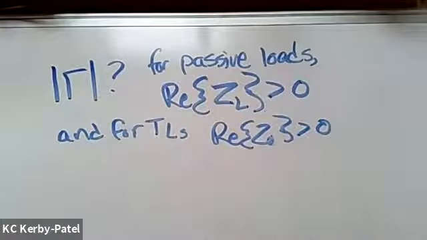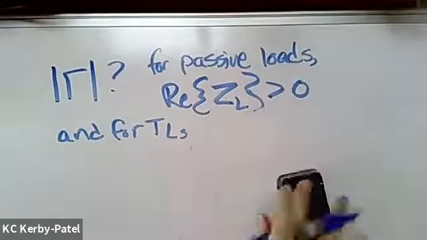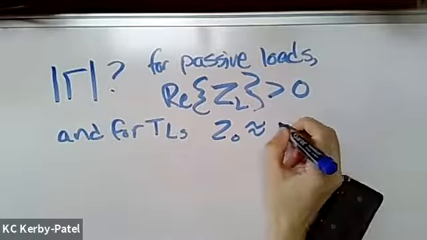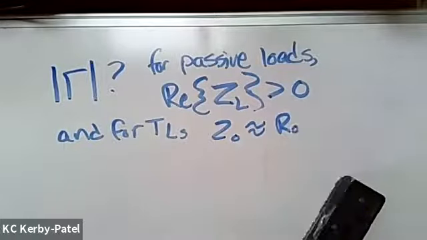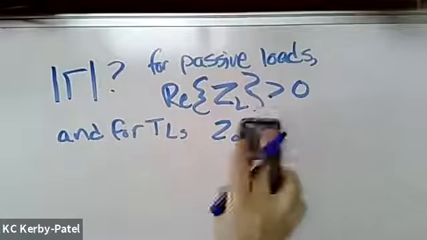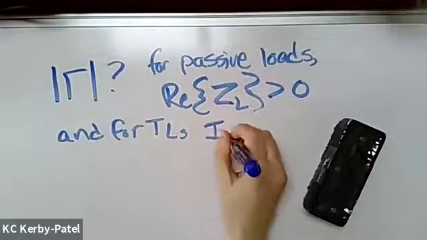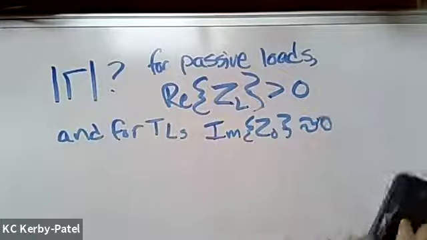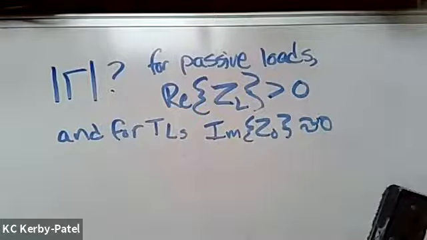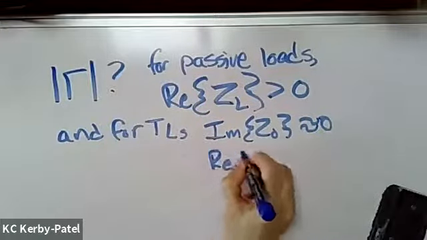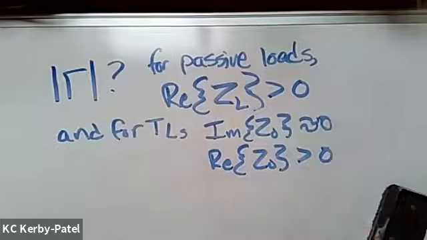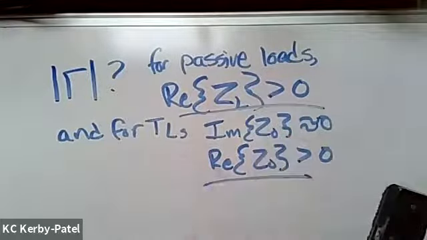It doesn't ruin anything if it's not, you still get the same result. So I'm going to say Z0 is approximately real. I'll set it equal to R0. A better way to write this would be the imaginary part of Z0 is approximately 0, and the real part of Z0 is greater than 0. This is true for both passive loads and for the transmission line.